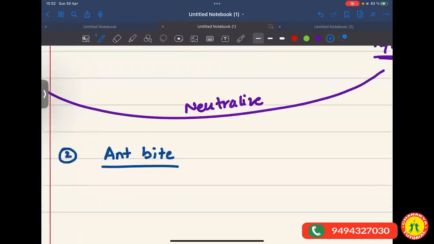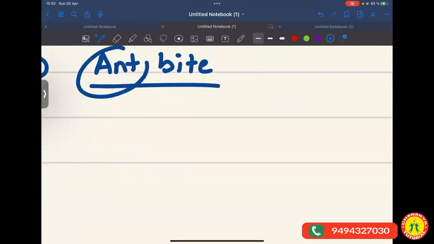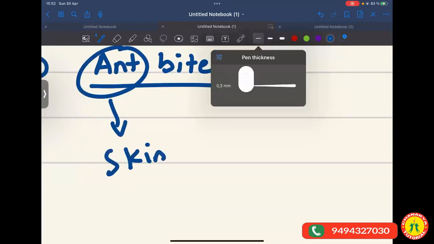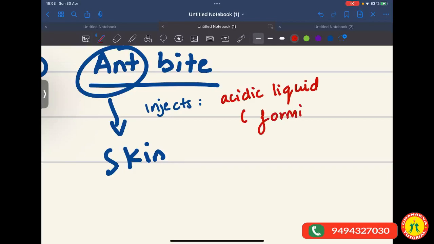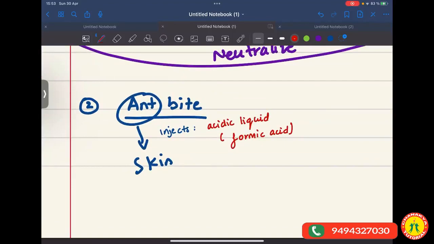So when an ant bites, it injects an acidic liquid. This liquid is known as formic acid, into our skin. So the effect of the acid will create a burning sensation or itchy sensation.